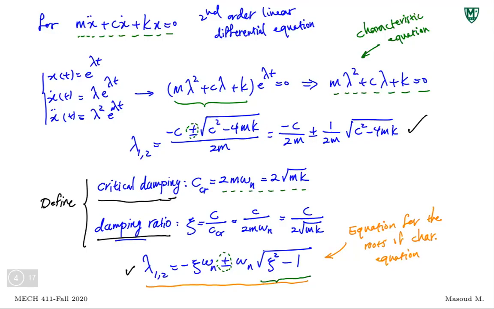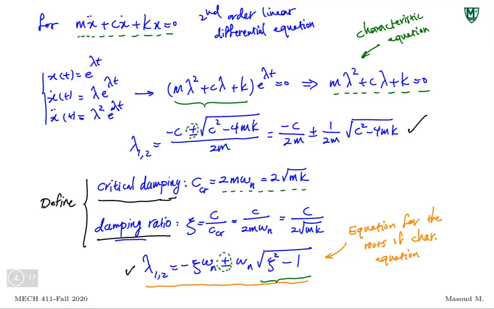To refresh your memory, typically we form the characteristic equation and find the roots for that characteristic equation. Depending on what those roots are, we can decide the general form of the solution for this differential equation with a couple of constants, and we can find those constants using initial conditions for this system. In this case, we're talking about initial velocity and initial displacement.